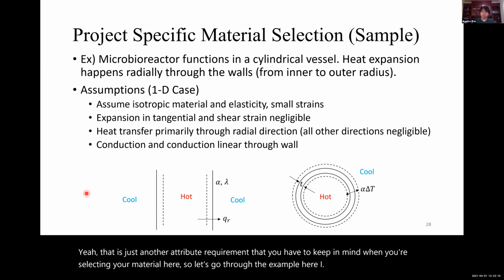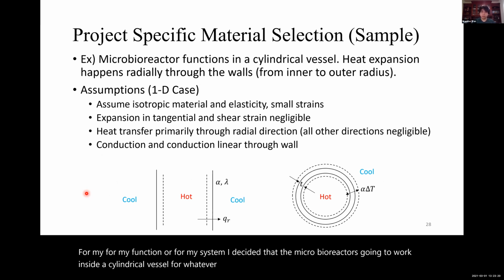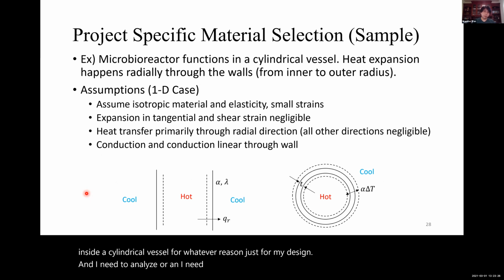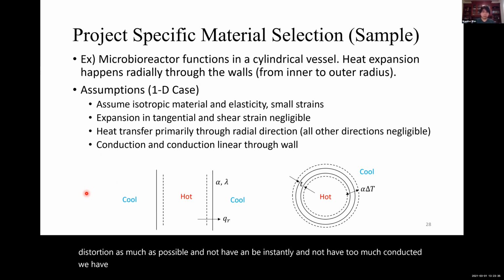For my system, I decided that the microbioreactor is going to work inside a cylindrical vessel, just for my design. I need to choose an appropriate material that will minimize distortion as much as possible, and not have too much conduction, with enough insulation so it's not too hot to touch.